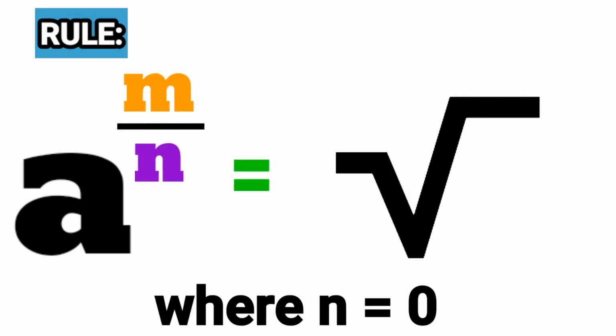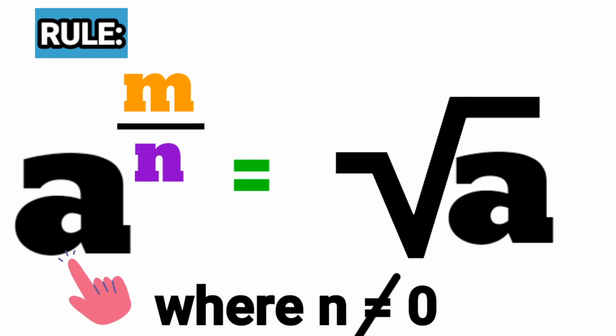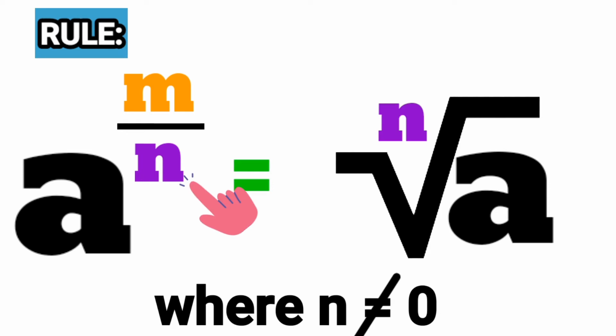Here's the rule. Base a is the radicand. Denominator n is the index, and the numerator m is the power.